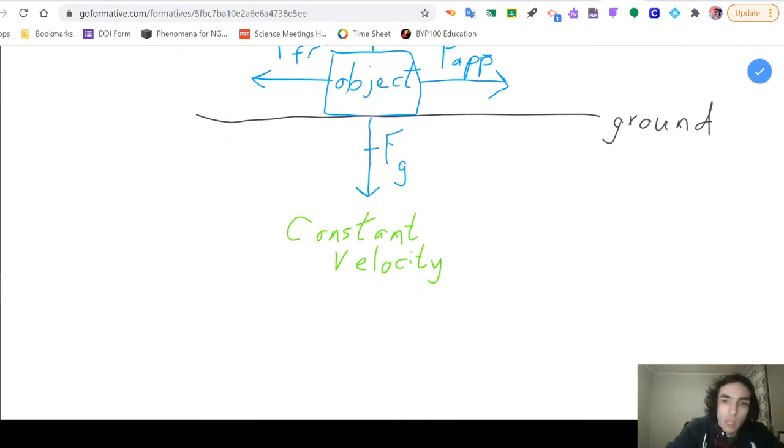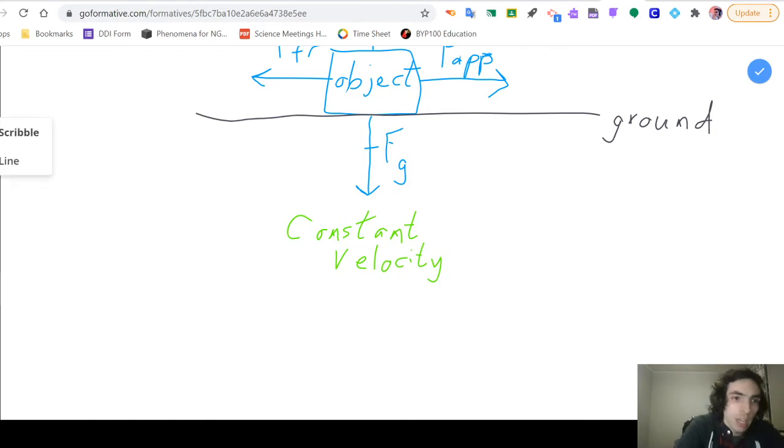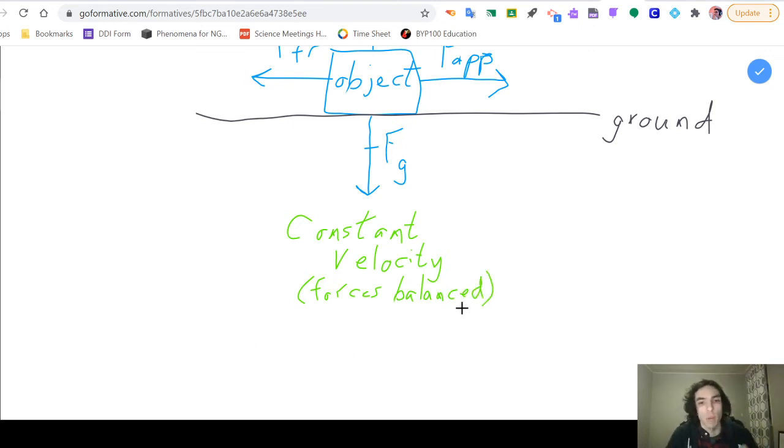Then this tells us that our forces must be balanced.